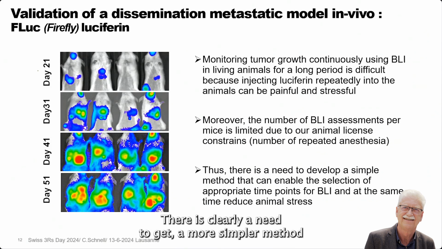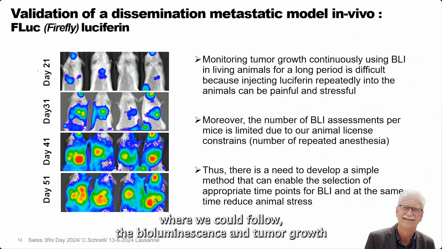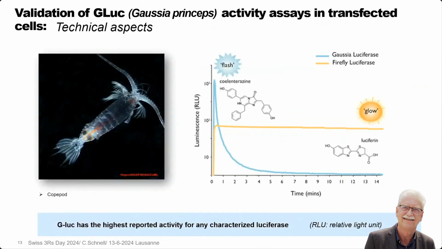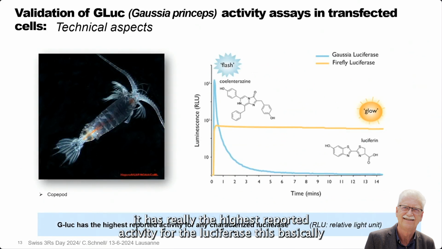So there is clearly a need for a simpler method where we could follow the bioluminescence and tumor growth in a much more accurate way. One possibility is to use another bioluminescence, which is based not on the firefly luciferin, but on Gaussia princeps. The nice part of this GLUC is that it has the highest reported activity for a luciferase.